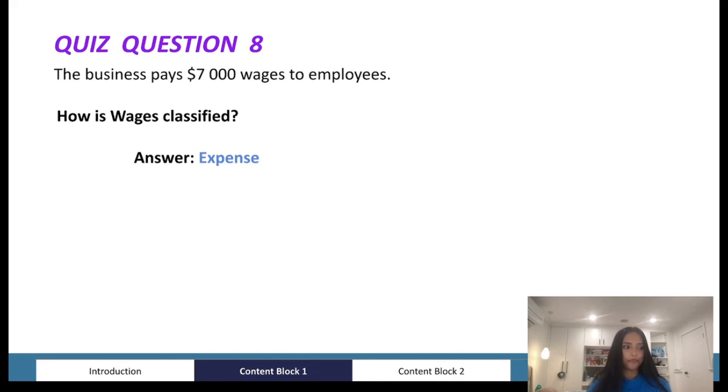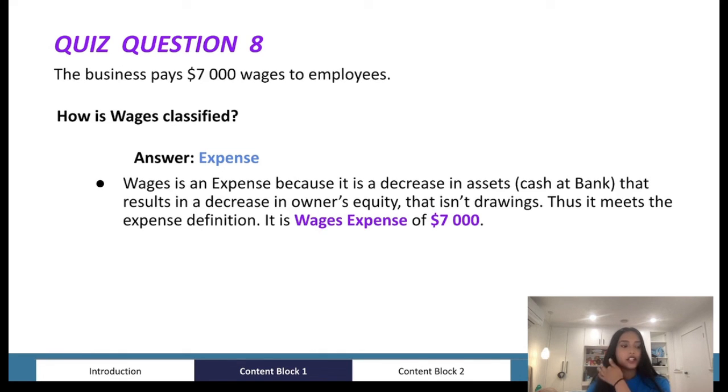Okay, the answer is that it's an expense. The wages are a decrease in assets that leads to a decrease in owner's equity, that is drawings.